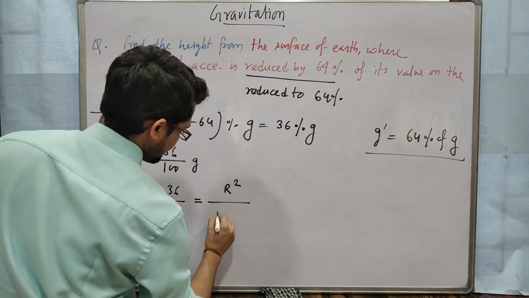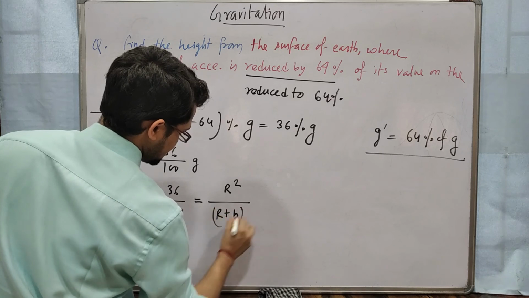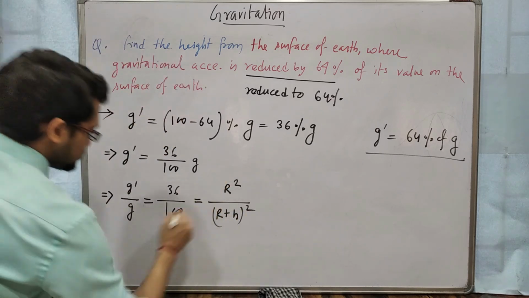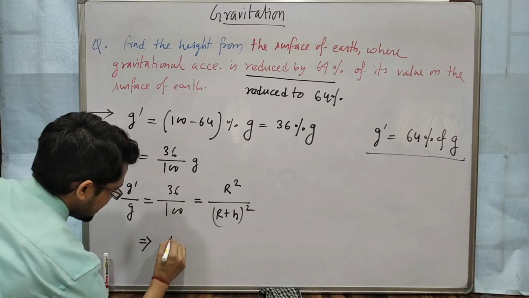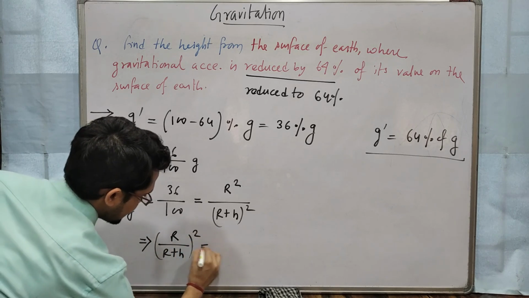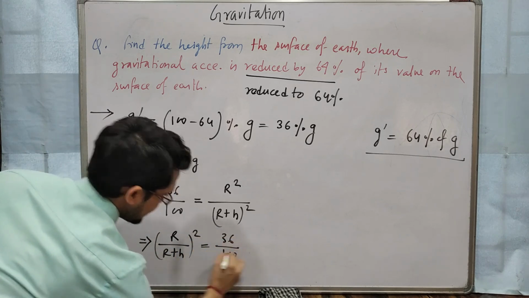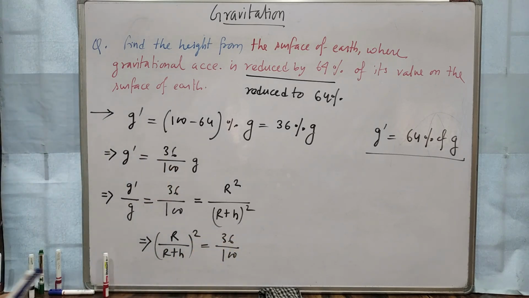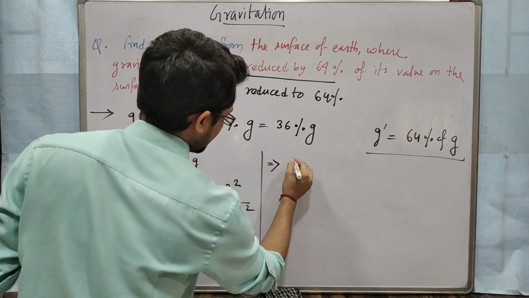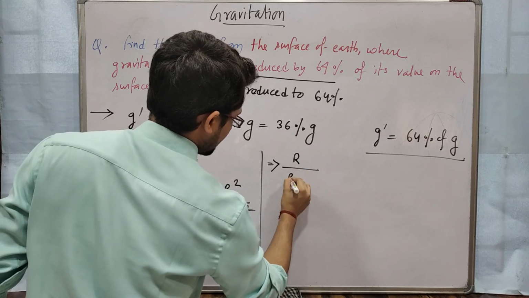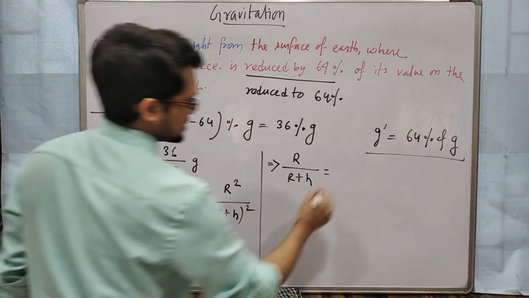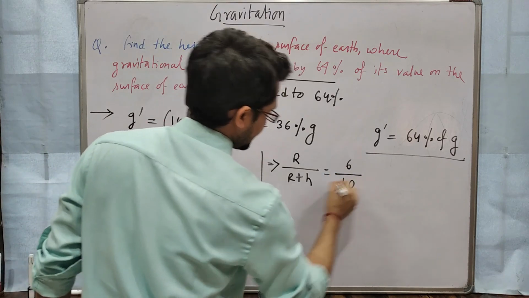R square by (R plus h) square. Okay, clear? Here this quantity can be written like this, (R by R plus h) whole square equal to 36 by 100. Okay, now remove square sign. If we remove square sign, then what will happen? R by R plus h will be square root of this. That means 6 by 10.